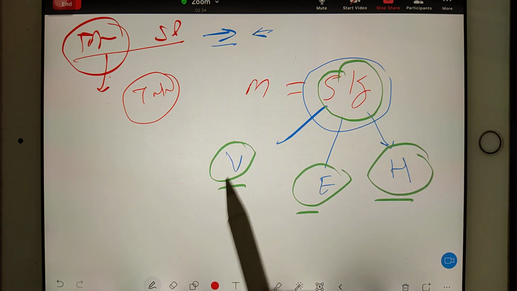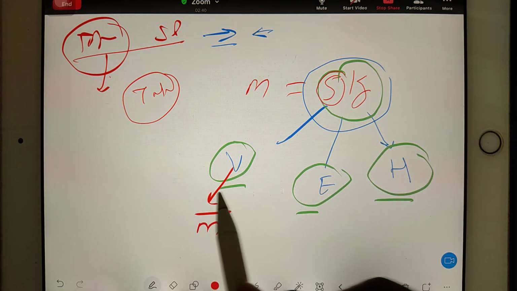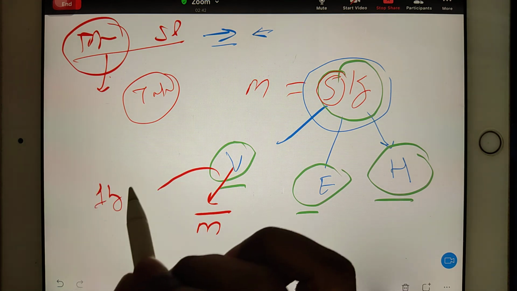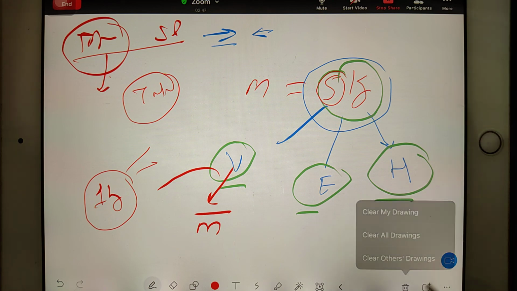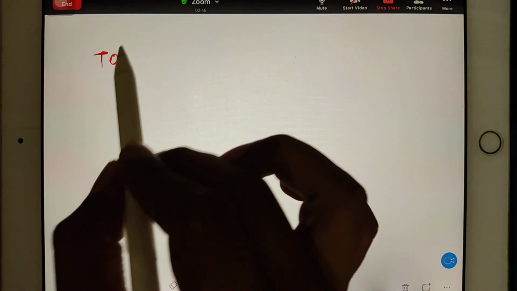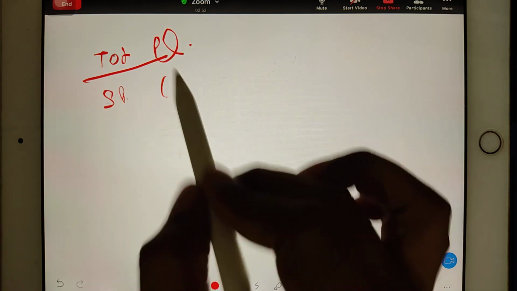But if you divide the same property by the given mass, like 5 kg is given, right? So you find out for 1 kg. Then the 1 kg data will become your specific quantity. Don't be confused. I am not teaching total property, I am teaching total quantity and specific quantity.